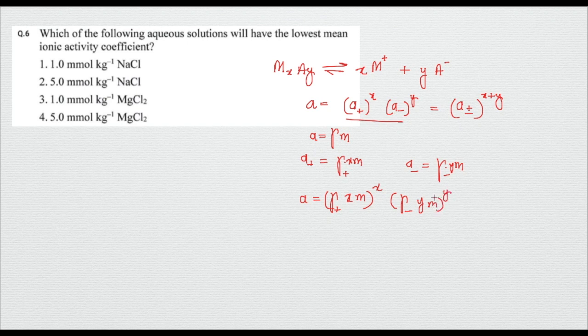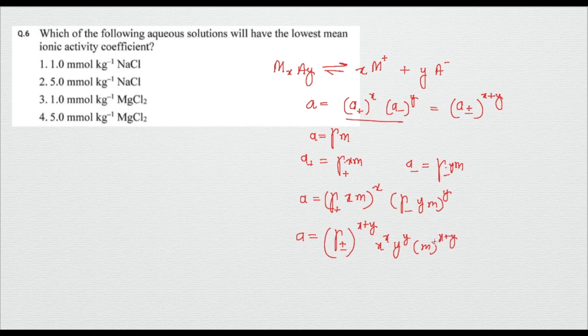All right, now you can just write down the overall values. The overall activity is A equals gamma plus minus, the mean ionic activity coefficient, to the power x plus y, then you have x to the power x, y to the power y, and m to the power x plus y.